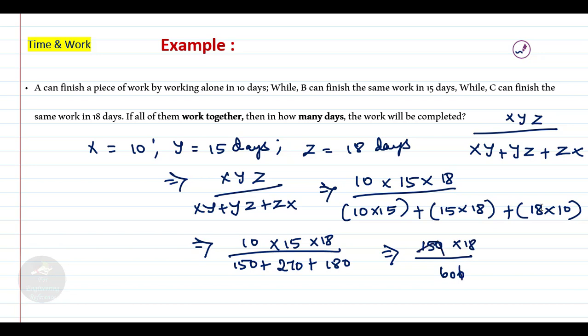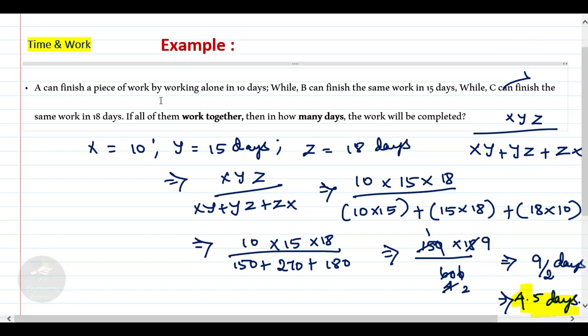Here it's 1 time and it's 4 times, 9 times 2, so 9 by 2 days. So we can write it as 4.5 days. Okay, that's it. So A and B and C working together, they'll complete the work in 4.5 days.